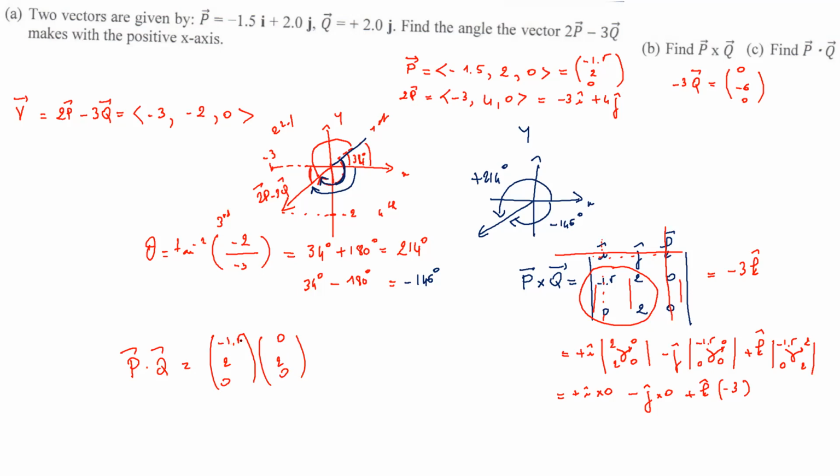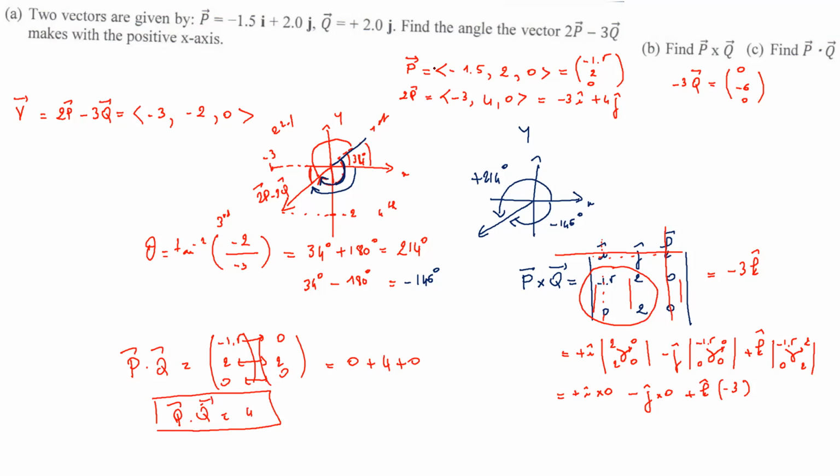Dot product, of course, you will have this multiplied by this, plus this multiplication here, plus this multiplication. So you'll have minus 1.5 multiplied by 0, plus 2 multiplied by 2, basically that will give you 4, plus 0. So P dot Q is just equal to 4.